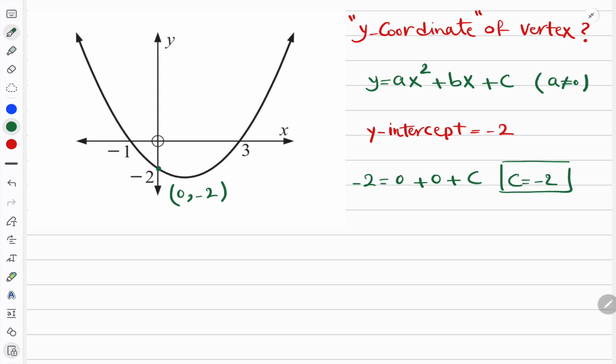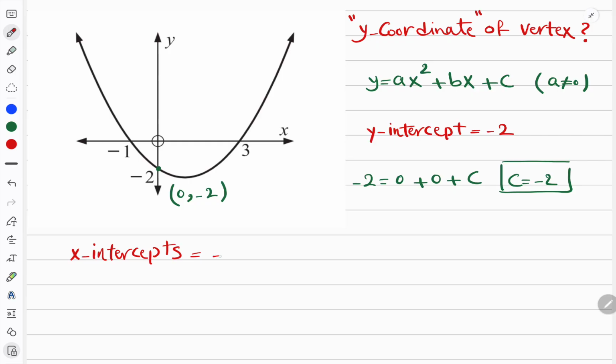Okay, and the next step is to find x-intercepts. We have two x-intercepts here, this point, -1 and +3, because these points are the points where the graph meets the x-axis.